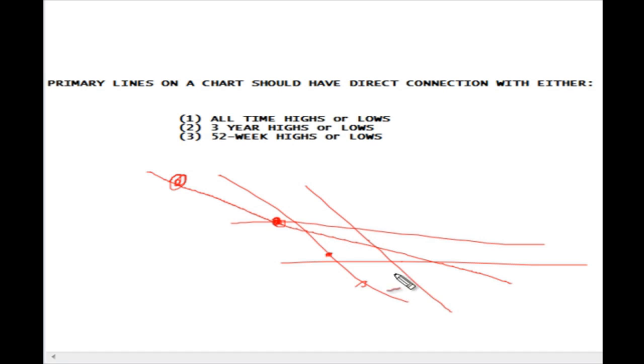So all these lines, some people are going to use them, but what they don't realize is that the most important line of the ones I have drawn is this line here, the one that I'm circling with green. This line here, because it's the one that connects the primary high, so it's a primary line.